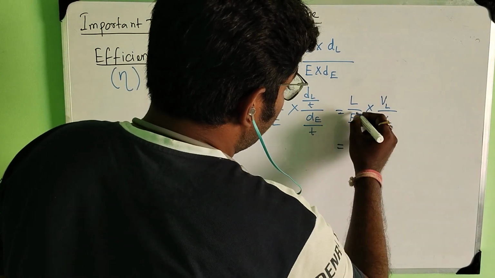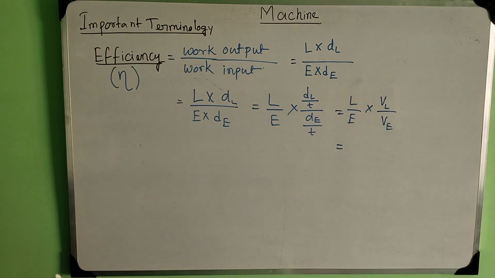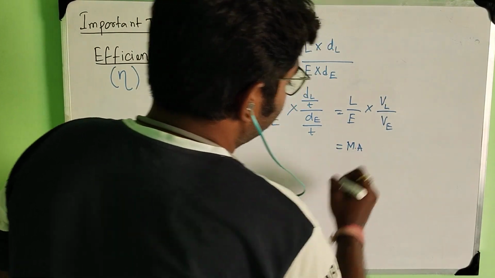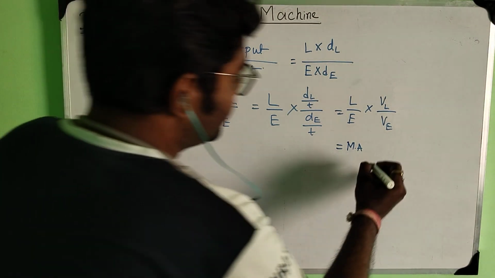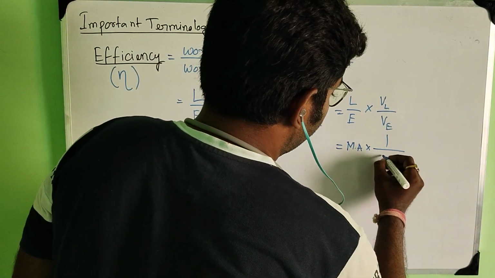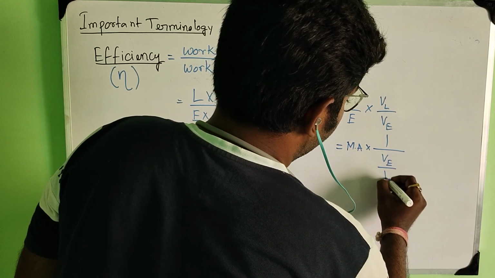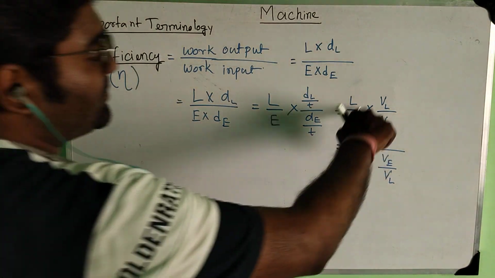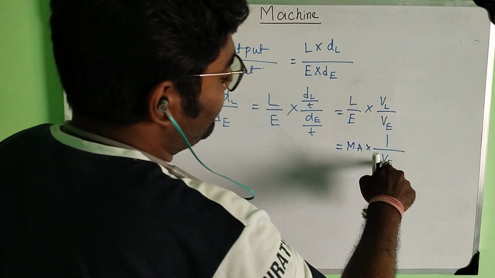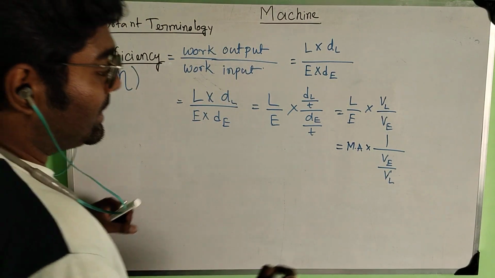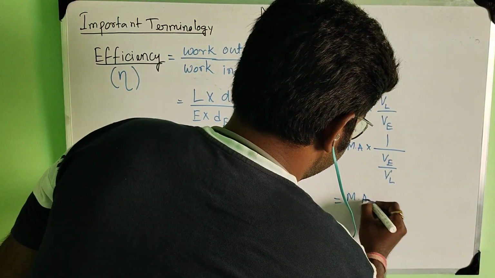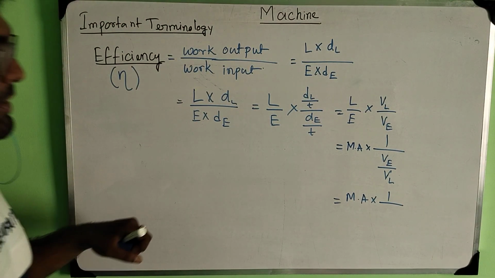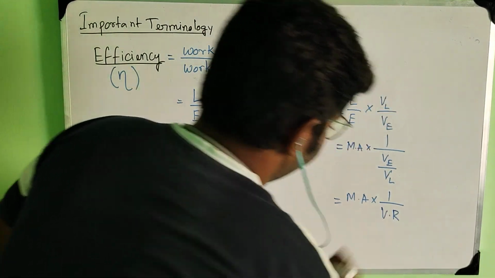Now see, the ratio of load by effort is the mechanical advantage, and I can take the reciprocal, that is 1 by the velocity of the effort by the velocity of the load, which is actually the velocity ratio.